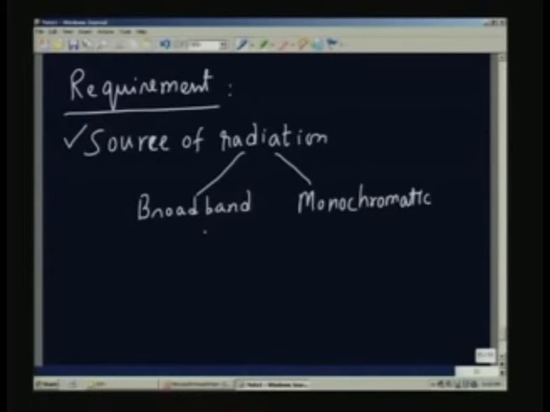You can use a broadband source and use a monochromator, for example, a spectrometer which uses a prism, which is very familiar to all of us.